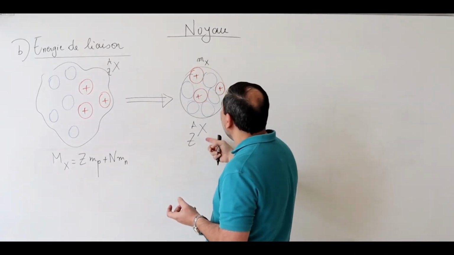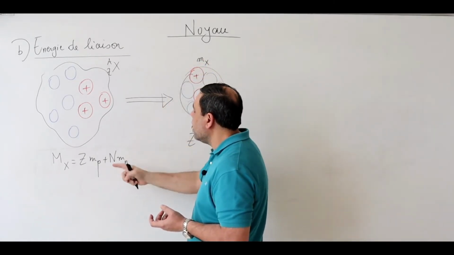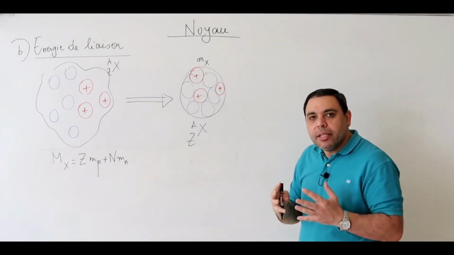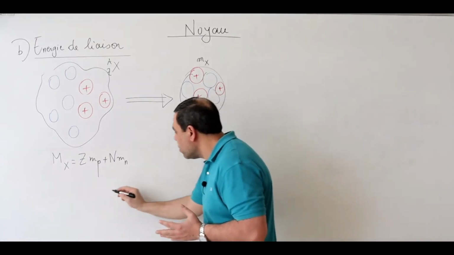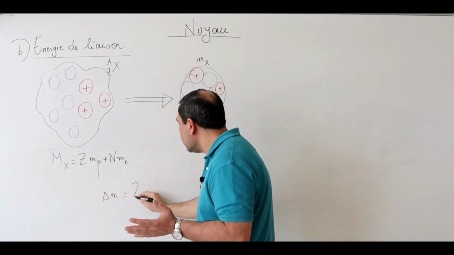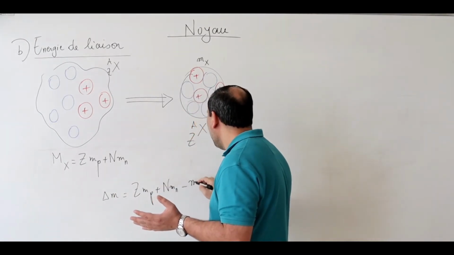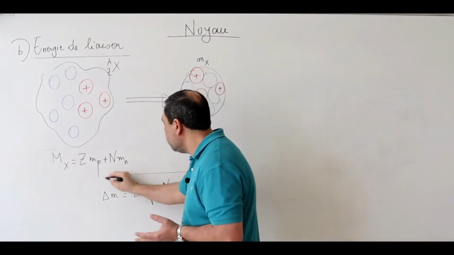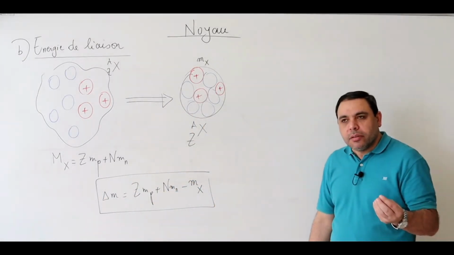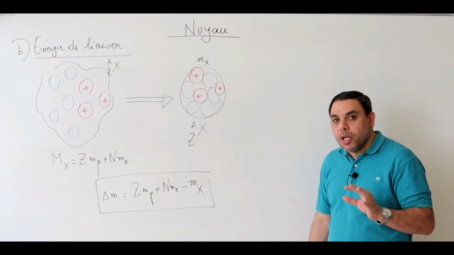We obtain a nucleus of mass that is less than the mass of its nucleons in their free state. We say that there is a mass defect. It equals ZMp plus NMn minus MX, which is the mass of the nucleus. When the nucleus is formed, a certain amount of mass is lost.